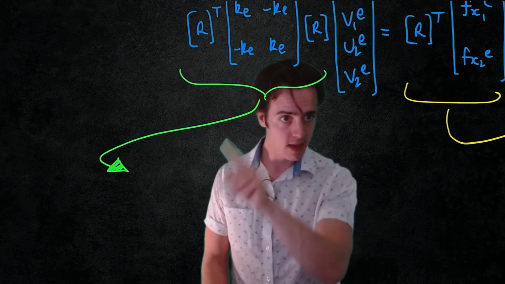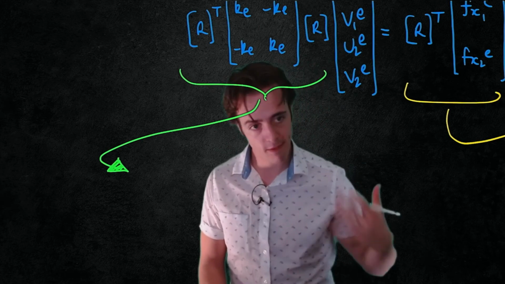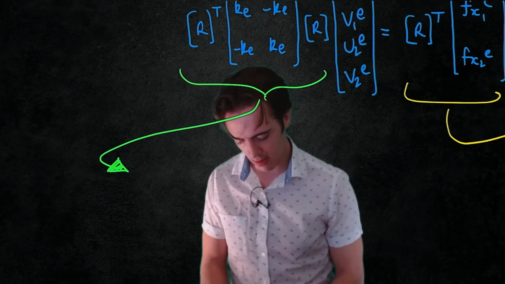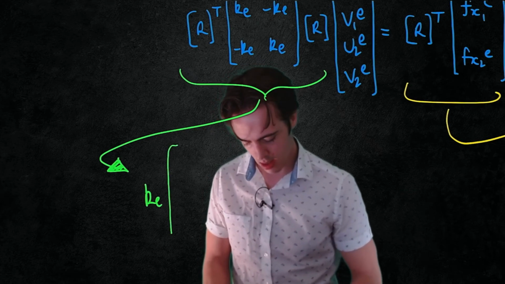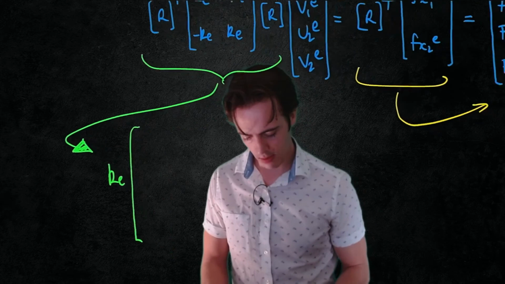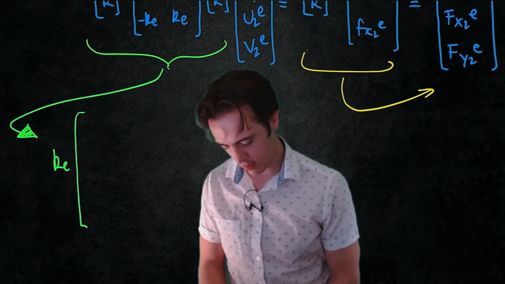We've got KE as a constant, so it just comes out. We end up with a 4x4 coming out of this. So KE, let's write this out.